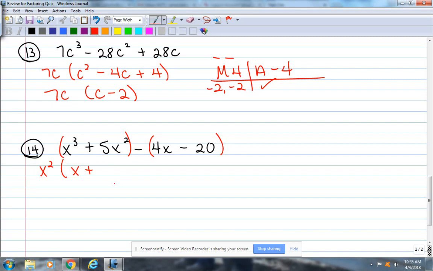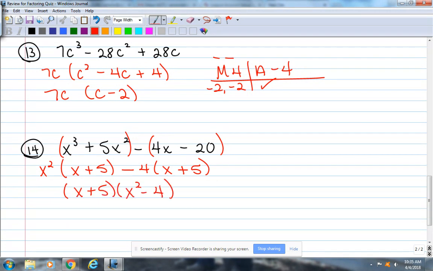Plus what times x squared is 5x squared? 5. Okay, copy the minus. What's the GCF in the next group? 4. What times 4 is 4x? And what times -4 is -4? So what are our 2 binomials now? x plus 5 and x squared minus 4.